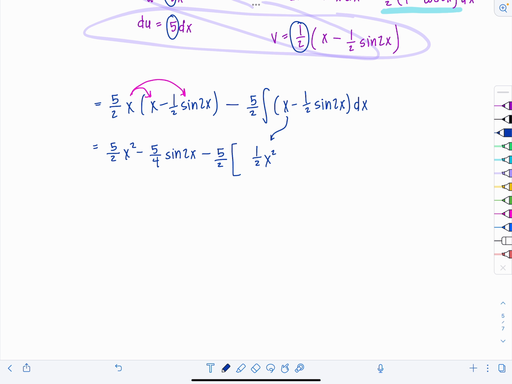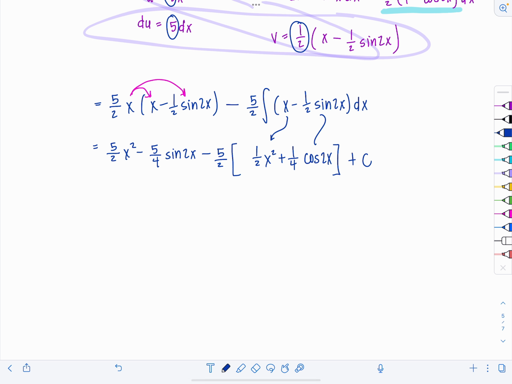Okay, derivative of cosine 2x would be negative 2 sine 2x. Remember the chain rule. But there's no 2 in the front, so we have to divide and keep that negative 1/2. So it's going to be positive 1/4 cosine 2x, and then we've got a plus c.